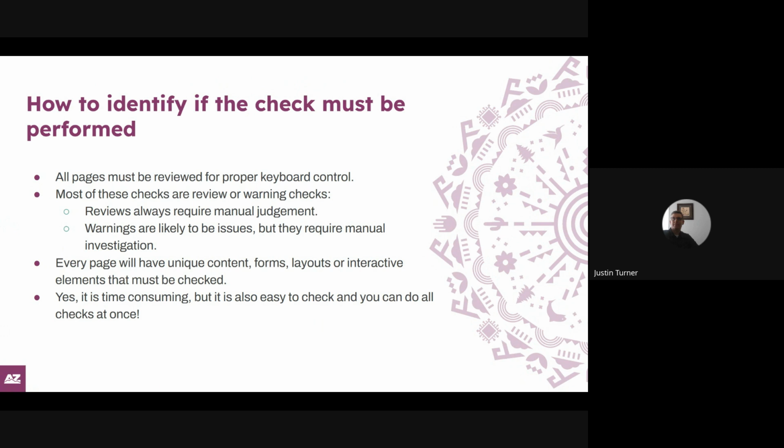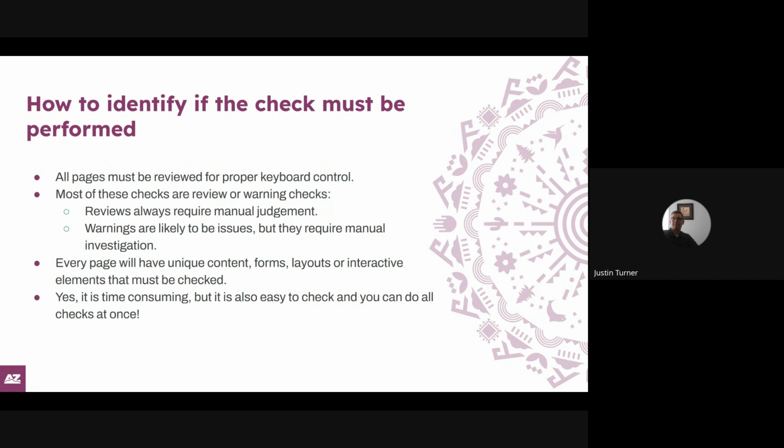So I know this is time consuming, but I'm going to show you a way to make it a little bit easier. While you're doing these checks, this is a good chance to also review the content on that page and see, okay, is this content still relevant? Does this page still need to be published?